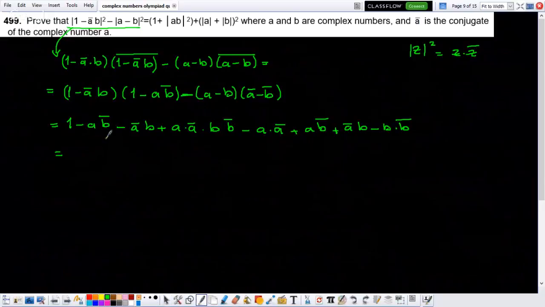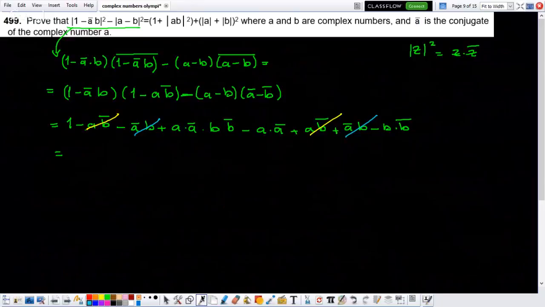Here, 1 minus a b conjugate minus a b conjugate, here plus a b conjugate we have, this one and this one and this one. Then here minus a conjugate b plus a conjugate b, they cancel each other.